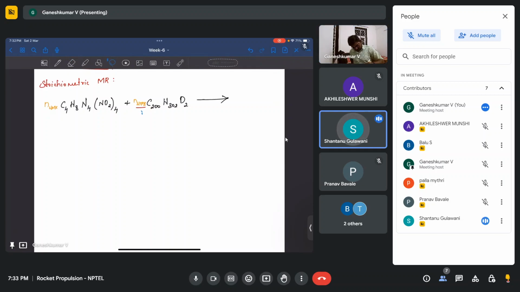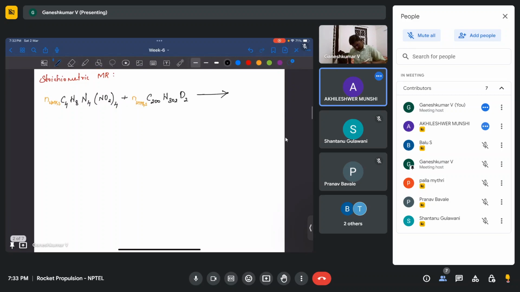By completing the reaction, calculating products. Right. So what are the products you will consider? Carbon dioxide, water, and I guess nitrogen. Okay. Why is that? Why only carbon dioxide, water, nitrogen?